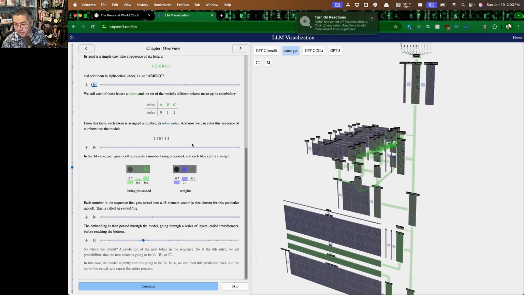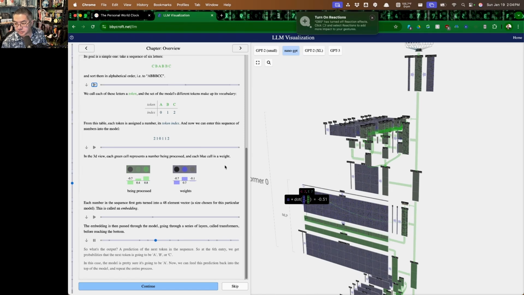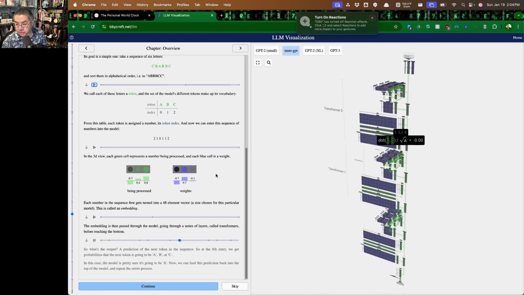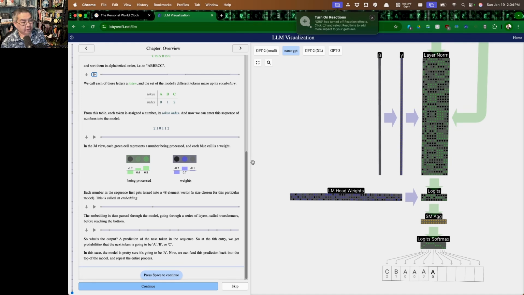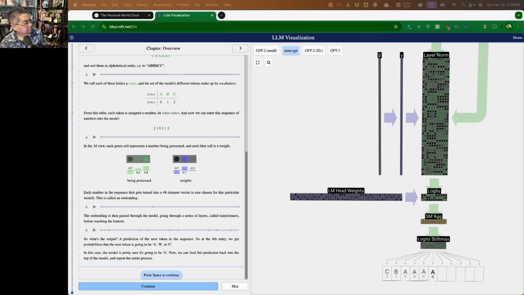And then this continues on down through the multi-layer perceptrons, through the attention mechanism. Right, these are the transformers that are doing their mathematics on it. And then you get to a layer norm, the logits softmax, and eventually you get the next token in the sequence. And then this happens over and over again.